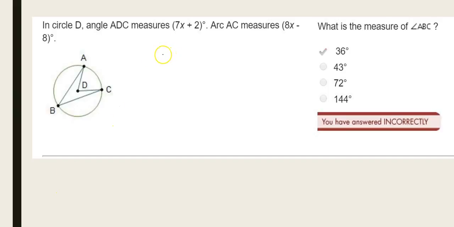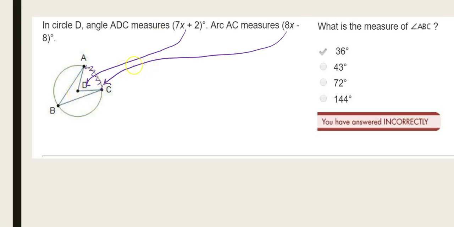Here we go again with some algebraic representations of our angle measurements. Here they're telling me that this angle, ADC, which is the central angle, is equal to 7x plus 2. It also tells me that the arc AC is equal to 8x minus 8.